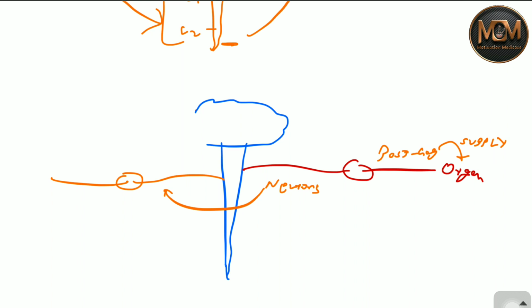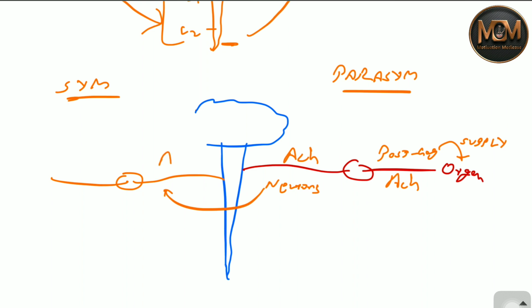Now the second thing we need to understand is the neurotransmitters released. Suppose this is the parasympathetic system. In this, the preganglionic secretes acetylcholine, and the postganglionic also secretes acetylcholine. In the sympathetic nervous system, the preganglionic always releases acetylcholine as a neurotransmitter, whether it is sympathetic or parasympathetic.